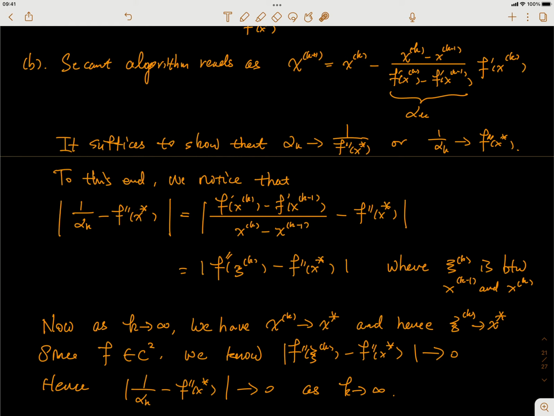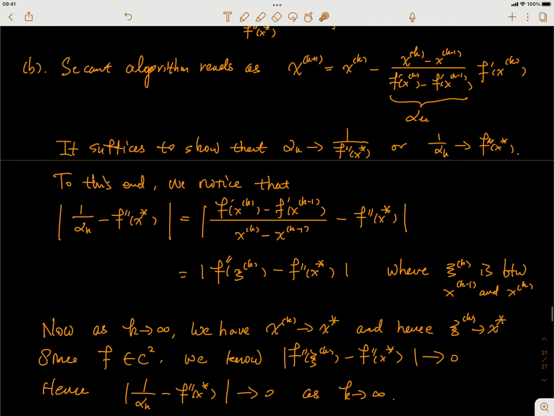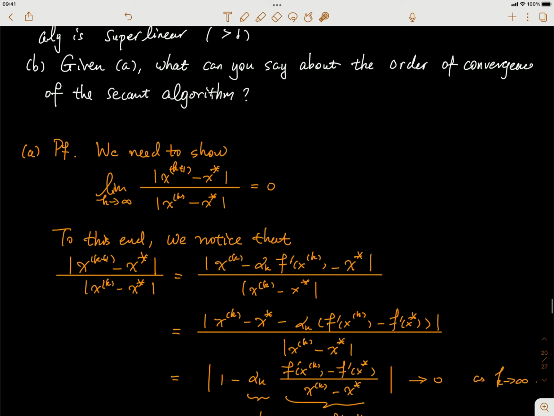Assuming that xk converges to x star, this is something we have to assume for the second method to work, and this is also part of the question in part A. It says suppose xk converges to x star.